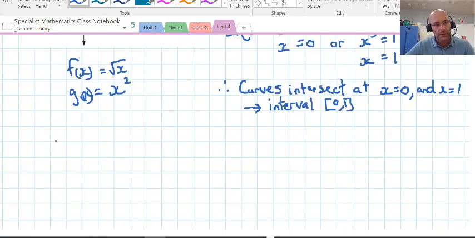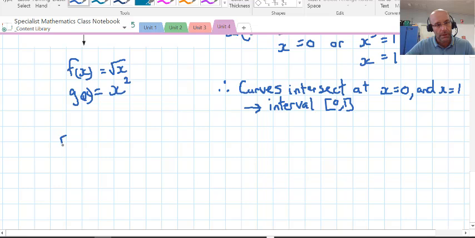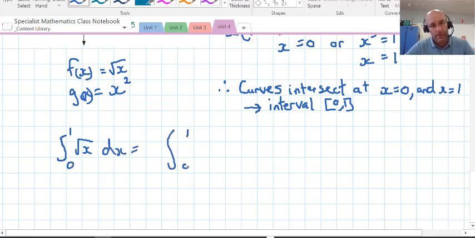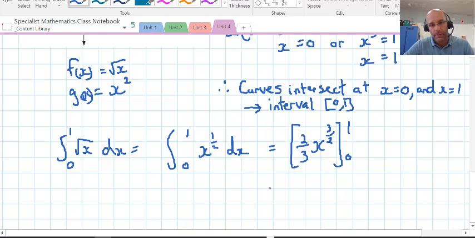If we want to split it into parts, we look at the integral of root x between 0 and 1, which is the integral of x to the half dx between 0 and 1, which comes out as x to the 3 over 2 times the reciprocal of its new divisor, between 0 and 1, which is pretty easy to evaluate.